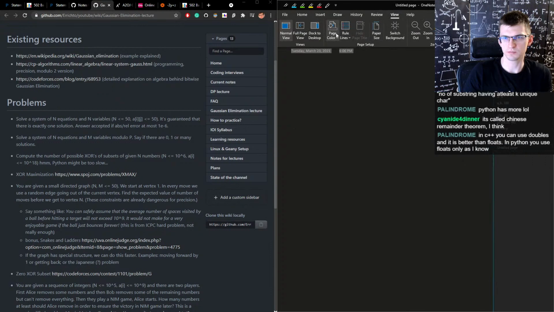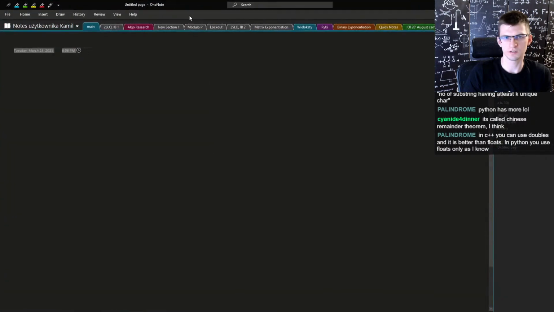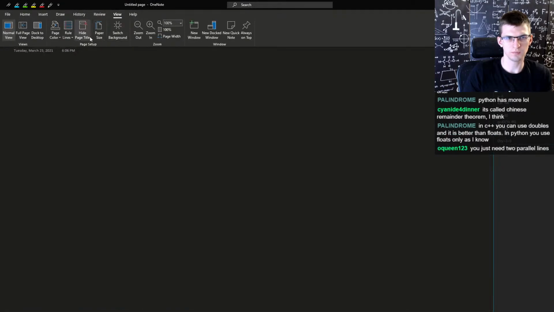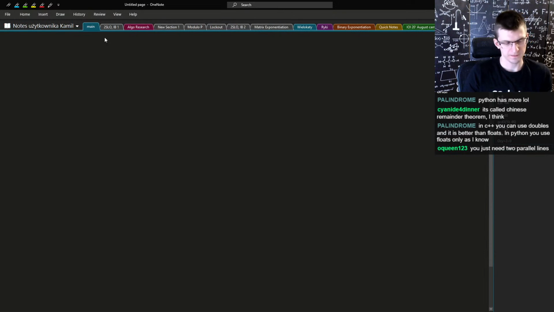View, height, title. Oh, why is it blocked? Oh, because I marked it. Yeah, so 0 solutions we'll get for something like this. Say x plus y plus z is 5.